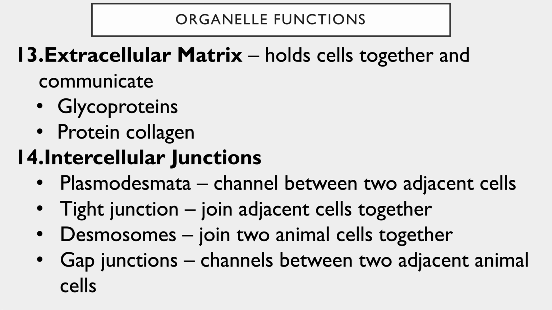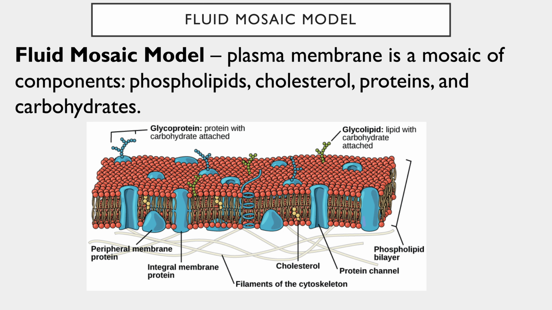between two animal cells. As promised, we're going to talk a little bit about the plasma membrane. And it needs to be studied in more detail. The reasoning being it's the gatekeeper, so to speak, for things moving into and out of the cell.